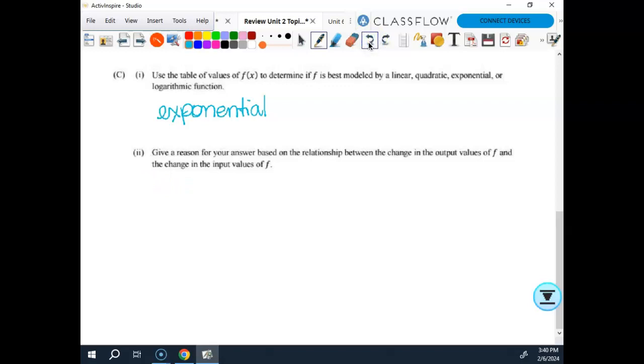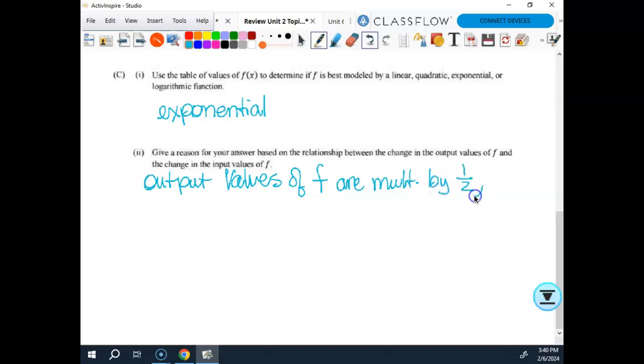So my output values of f, I could say change multiplicatively, but I could also say output values of f are multiplied by 1/2. Input values of f are equally spaced.